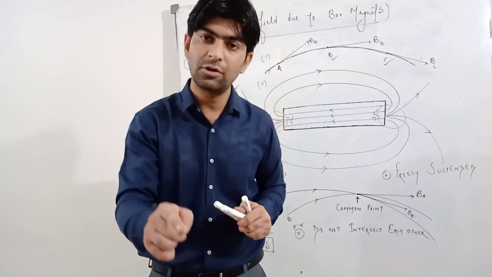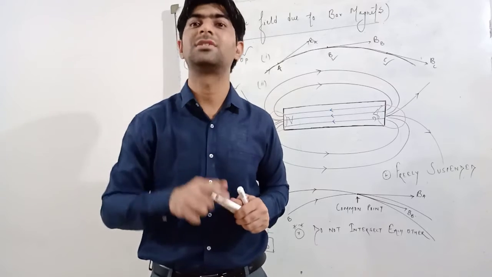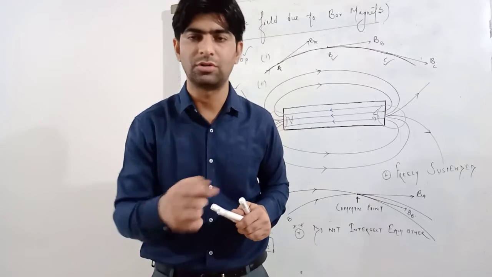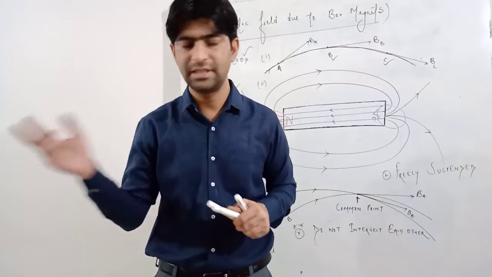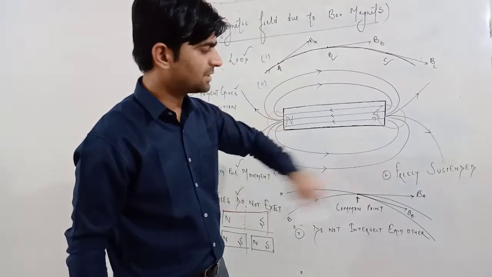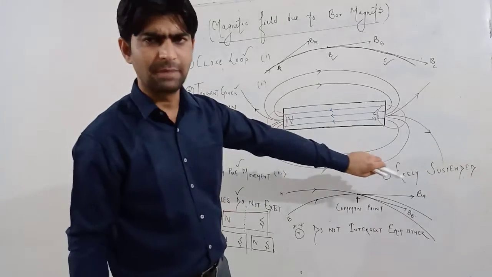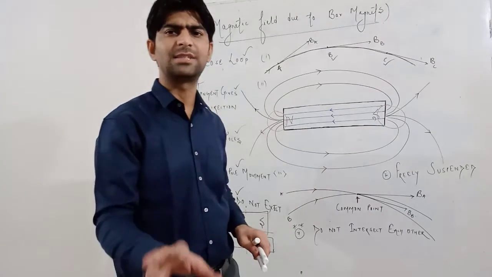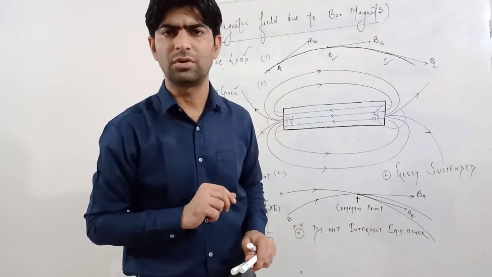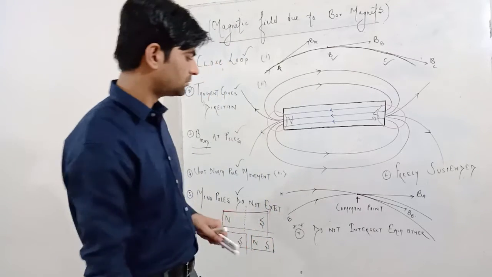That means geographical north is the magnetic south of the earth and geographical south is the magnetic north of the earth. That we will see in the demonstration also. So this is property number 6, freely suspended bar magnet. Whenever a bar magnet is suspended freely, it will align itself in the geographical north-south direction.